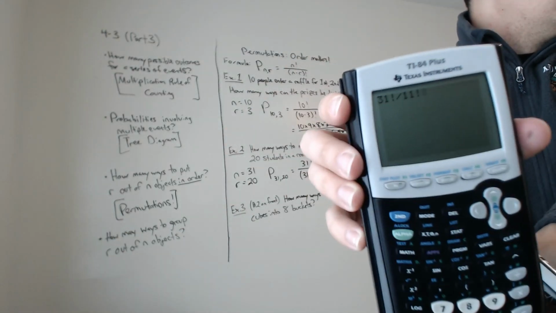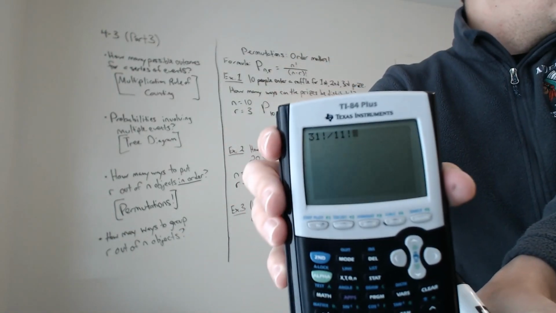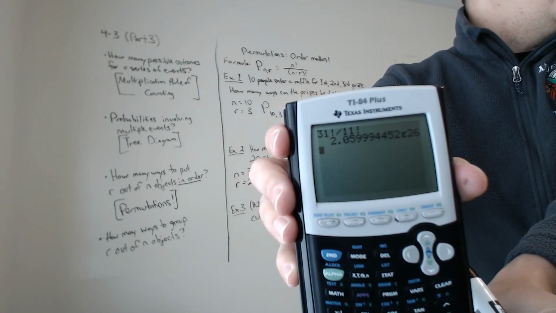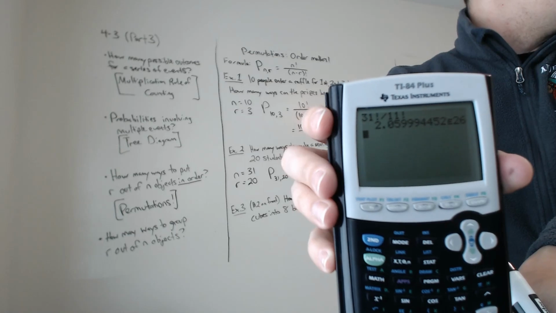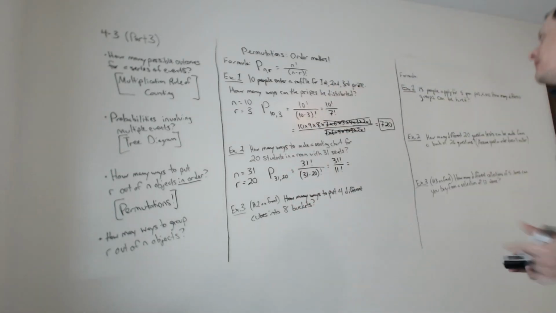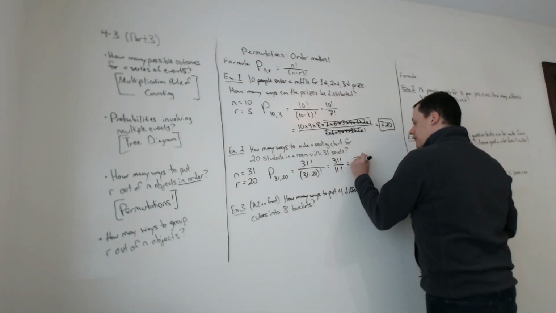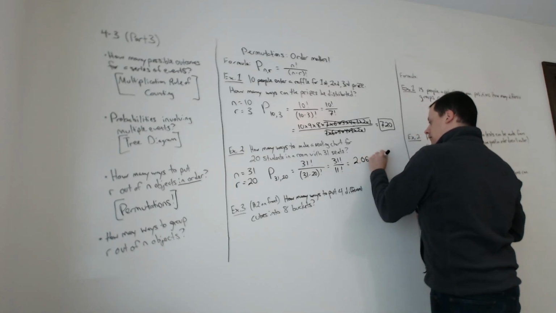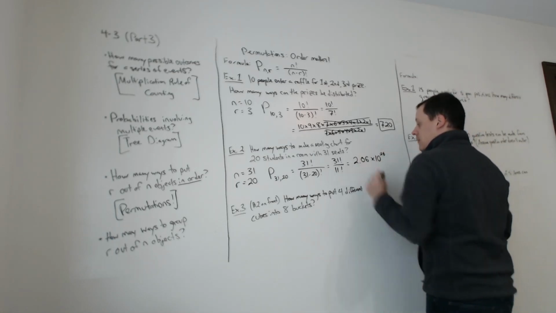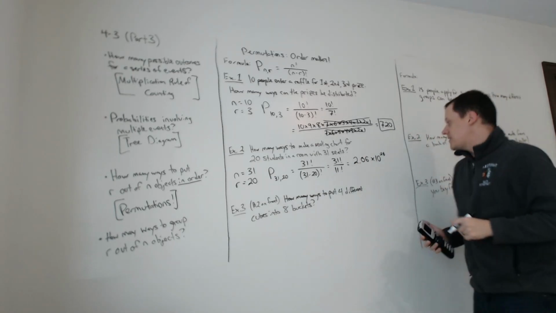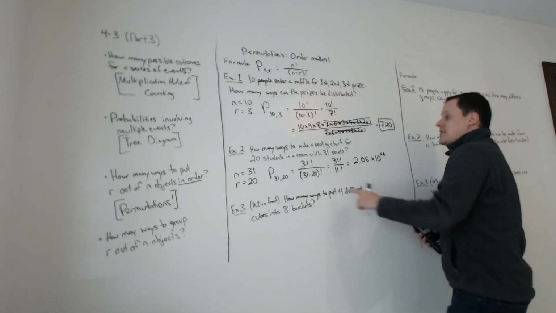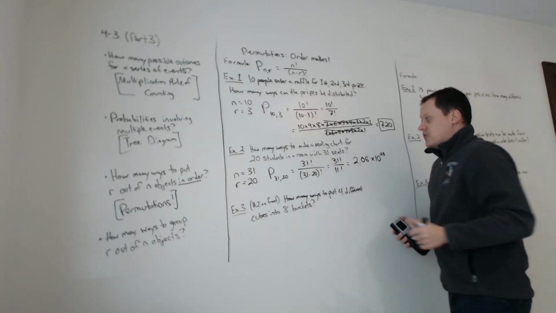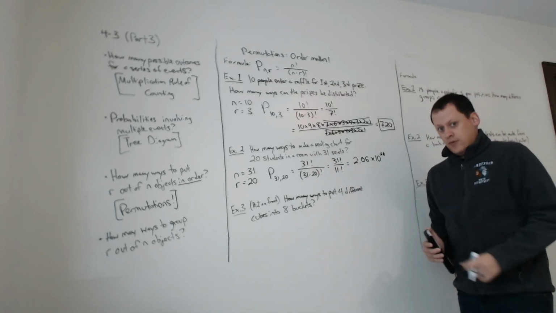And that equals, this is going to be a big number, I think. 2.06 times 10 to the 26th power. Yeah. That is the number of ways to put 20 students in 31 seats, where the order matters.